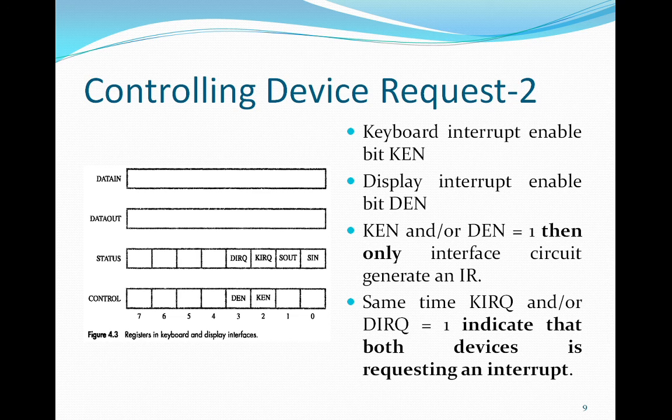The control needed is usually provided in the form of an interrupt enable bit in the device interface circuit. KEN is the keyboard interrupt enable bit, and DEN is the display interrupt enable bit. These KEN and DEN flags in the control register perform this function.